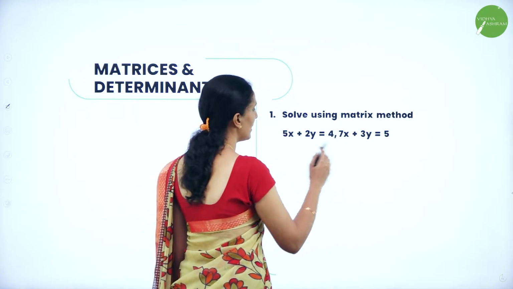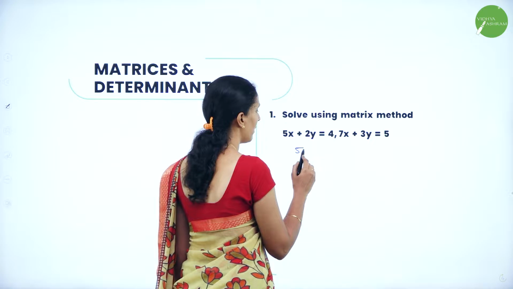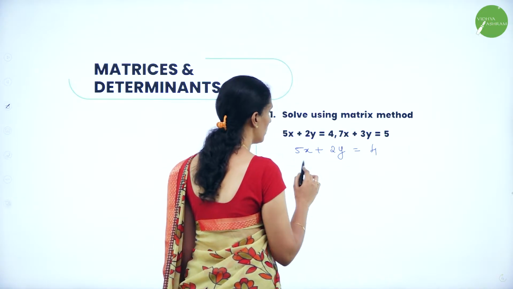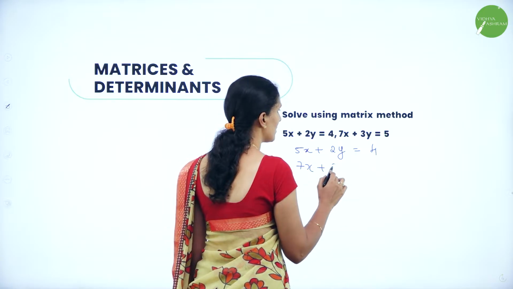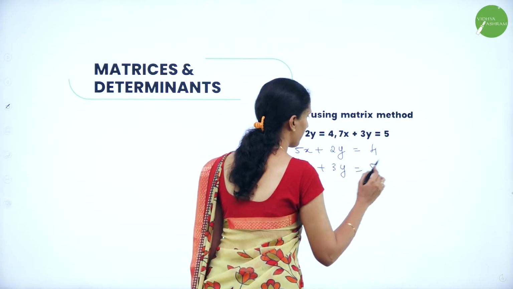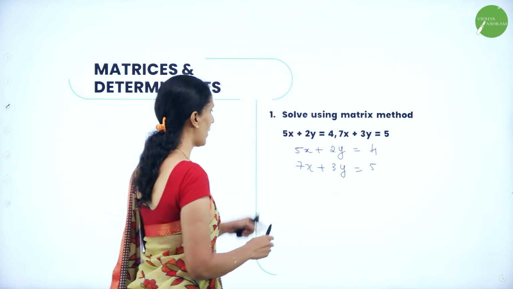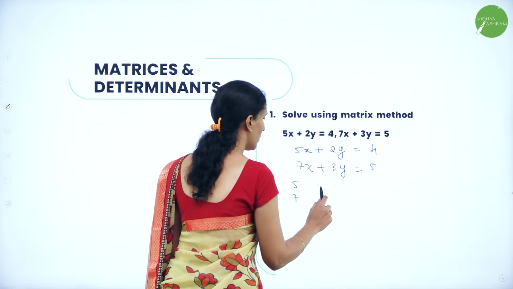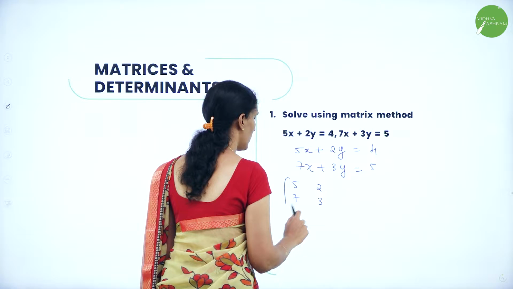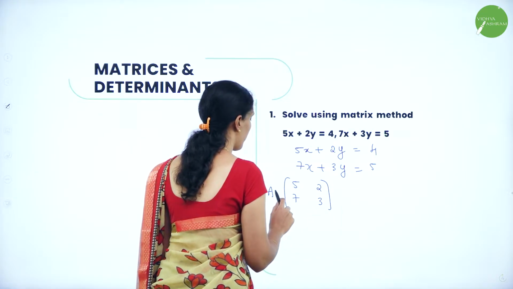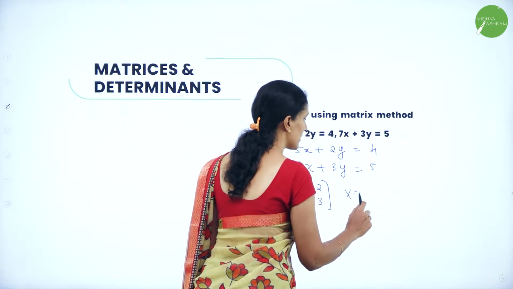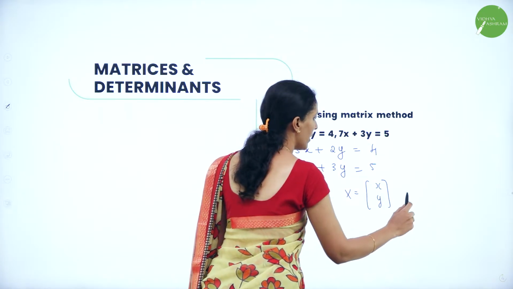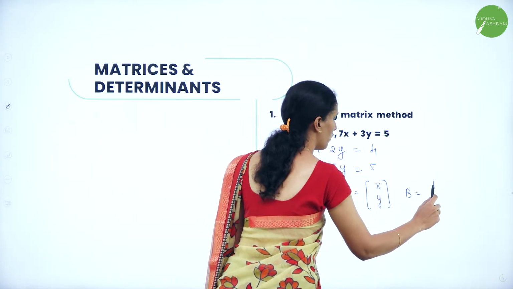So first let us write the matrix: 5x plus 2y is equal to 4, 7x plus 3y is equal to 5. Now let's write the coefficients in one matrix, that is 5, 7, 2, 3. So this is our matrix A. And we will take X as x and y, because we have only two variables, and B is equal to 4, 5.